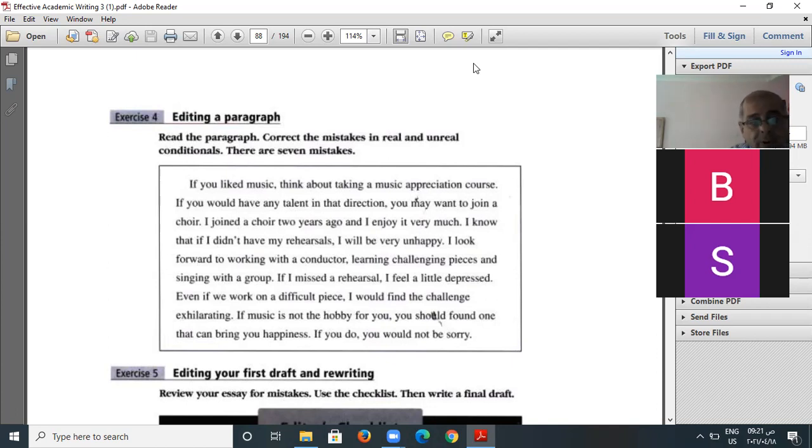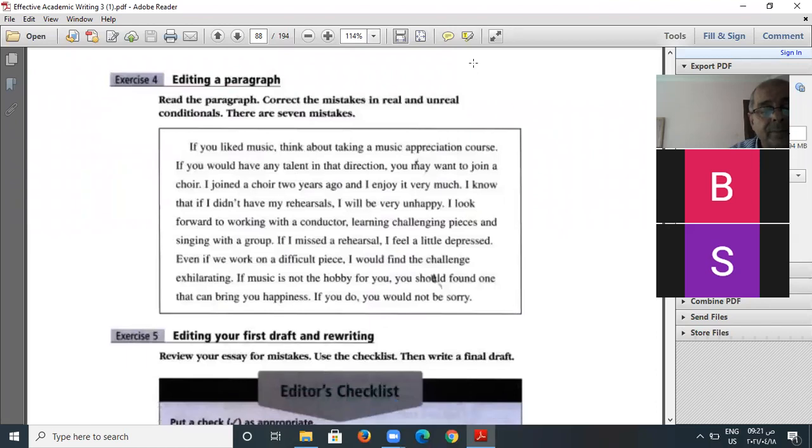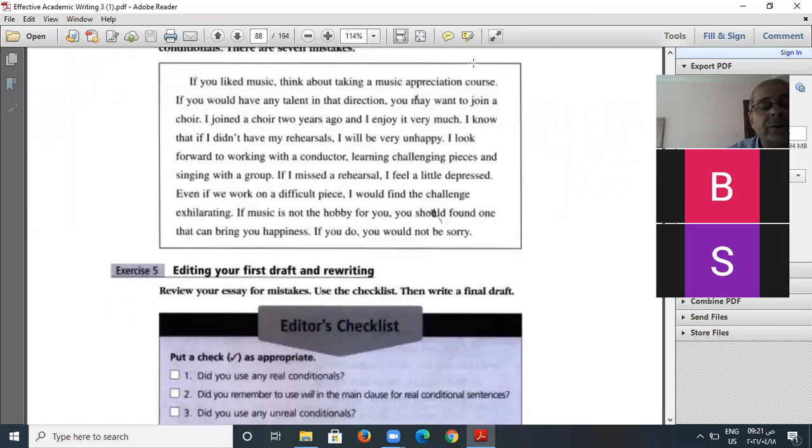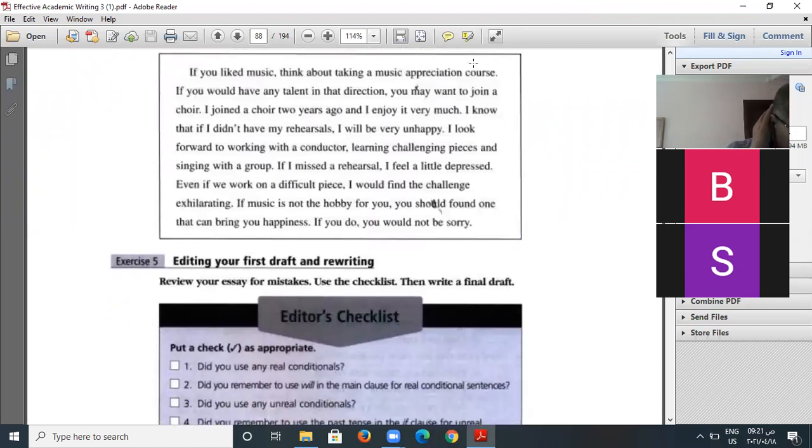Then we change all the conditionals into what? After this sentence, into unreal conditionals. Then this paragraph has 2 types, real and unreal conditionals. Any question about real and unreal conditionals? Does anyone have any question?